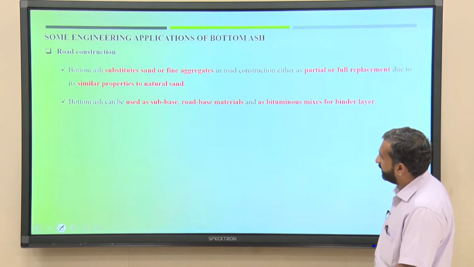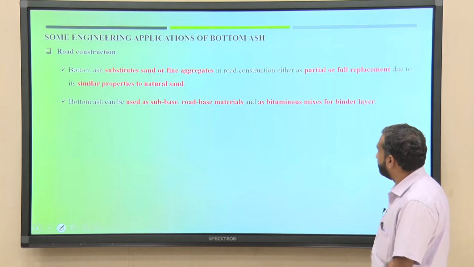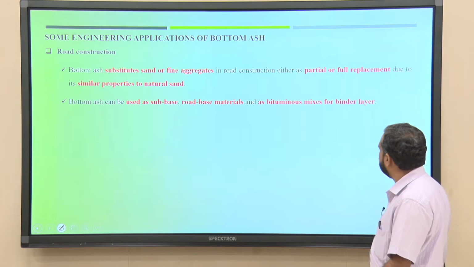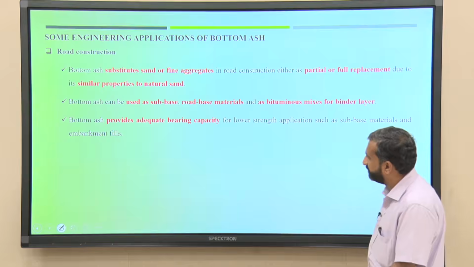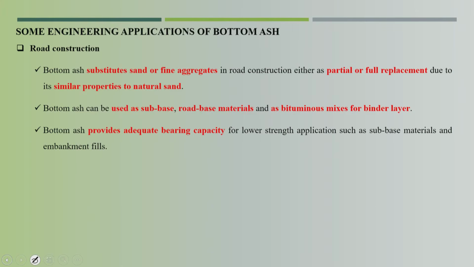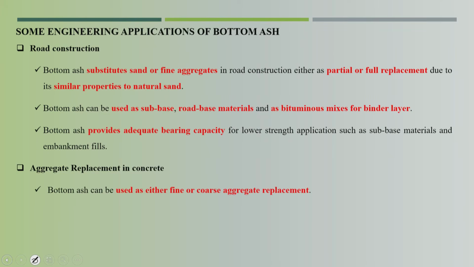Bottom ash can be used in sub base, road base material and as bituminous mixes for the binder layer also. Bottom ash provides adequate bearing capacity for lower strength applications such as sub base material and embankment fills. Next is aggregate replacement in concrete. Bottom ash can be used as either fine or coarse aggregate replacement.